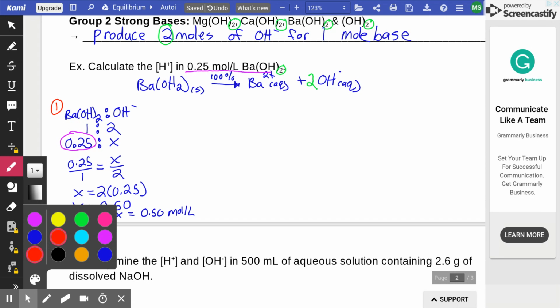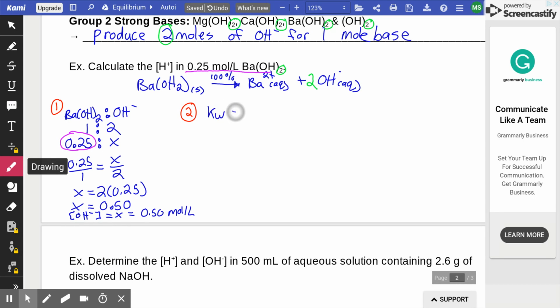Now that we have the hydroxide ion concentration, we need to calculate the hydrogen ion concentration. So that's our second step. To do that, we are going to use our Kw expression, the equilibrium law for water.